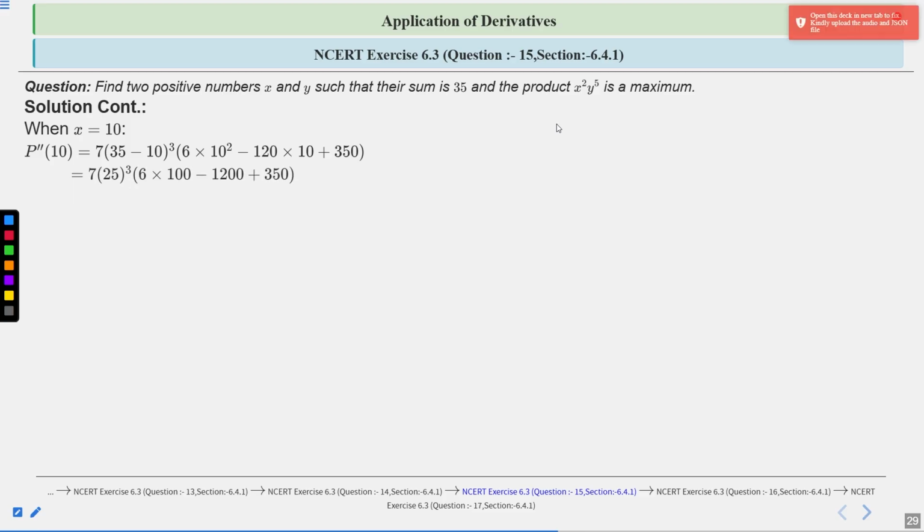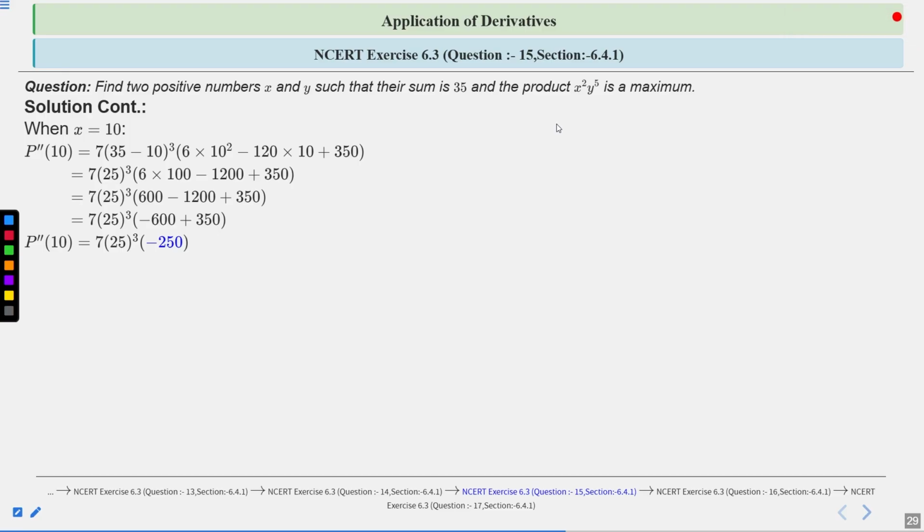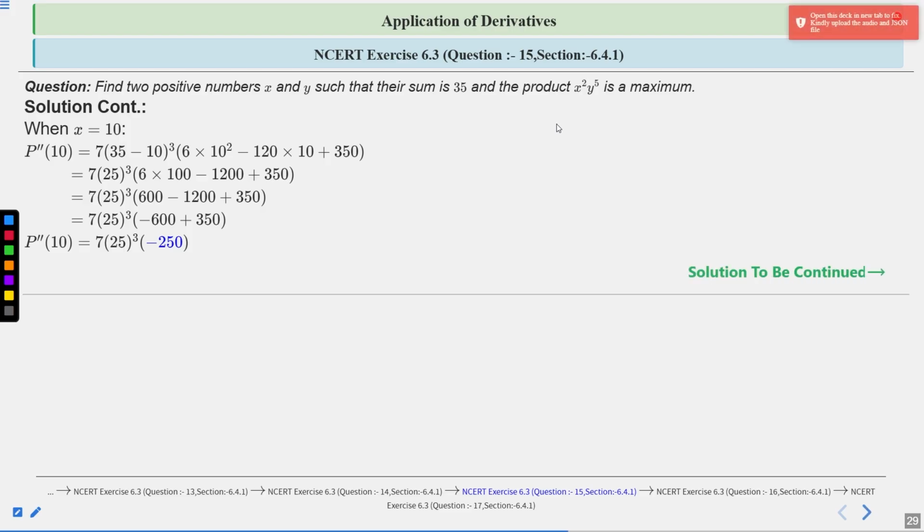Which is equal to 7 into 25 cubed into (6 into 100 minus 1200 plus 350), which is 7 into 25 cubed into (600 minus 1200 plus 350). So p double dash 10 will be equal to 7 times 25 cubed into minus 250, okay.